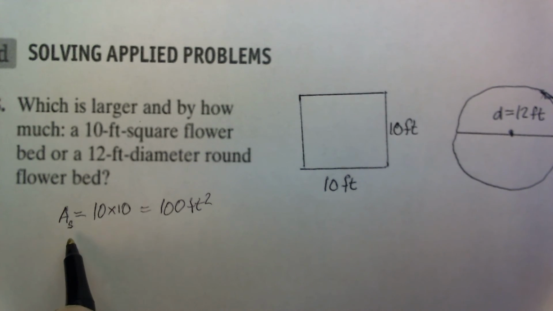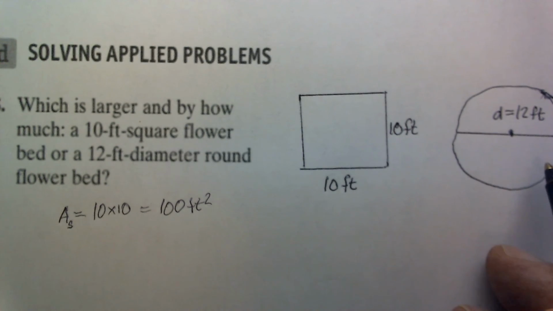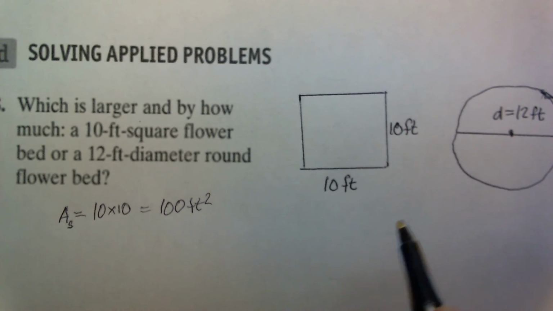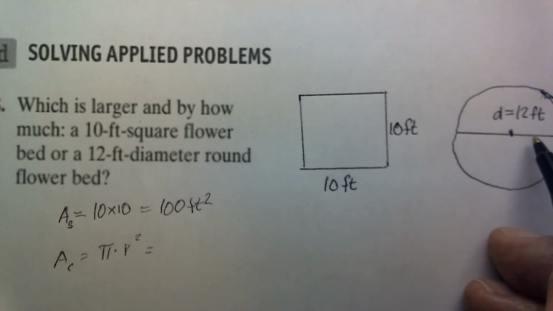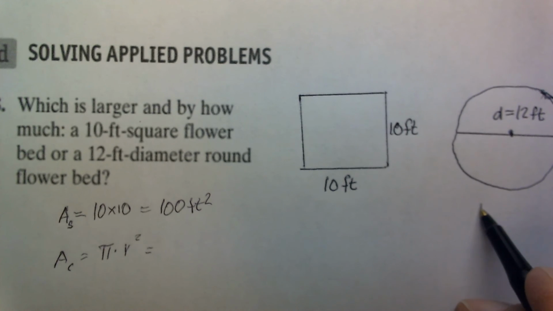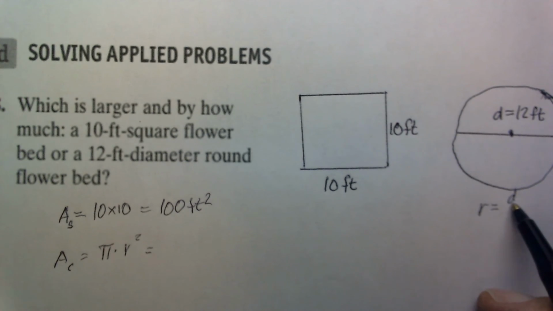I'm going to make a little s here for the square. Now the area of the circular one is equal to pi times r squared. Now in this case we're not given r, but we're given the diameter. But we know that r is equal to d divided by 2.